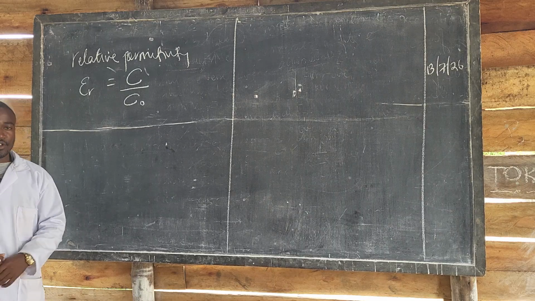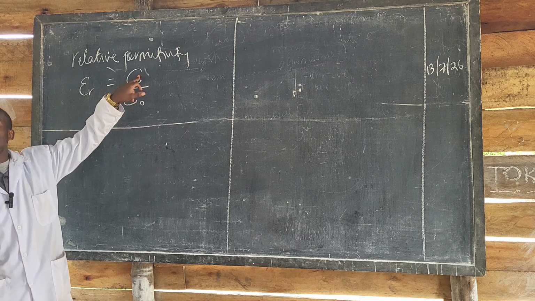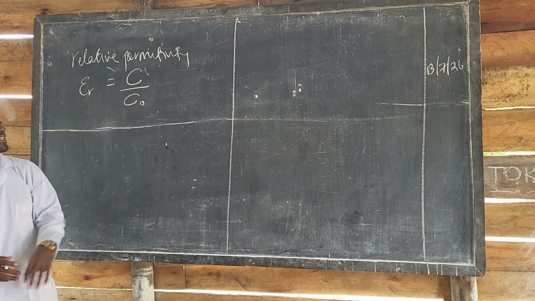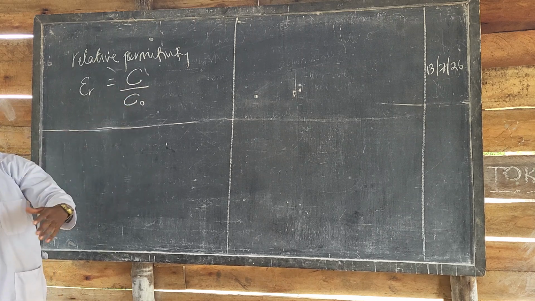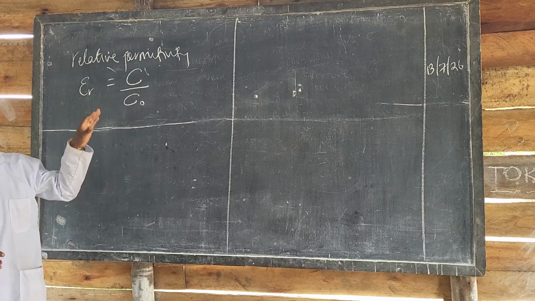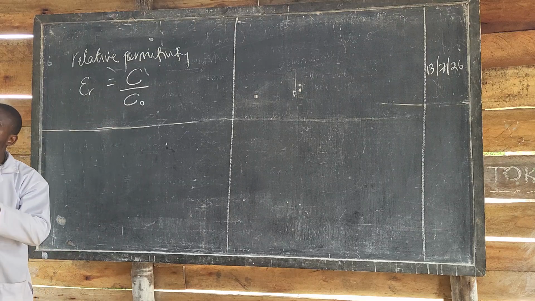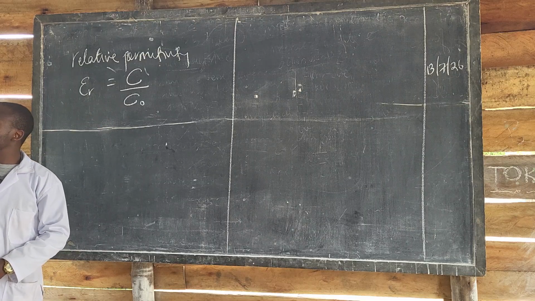So the ratio of the capacitance of a capacitor where that capacitor has a medium between the plates, to the capacitance of a capacitor where the capacitor has nothing between the plates, is the relative permittivity. So this is the original definition of the relative permittivity.